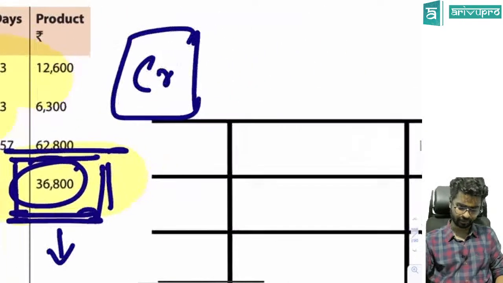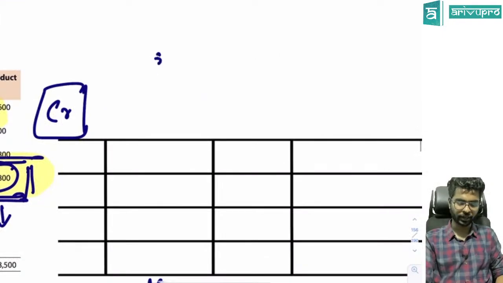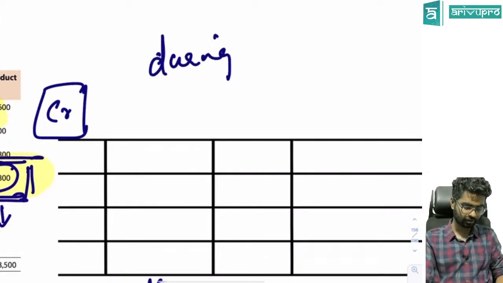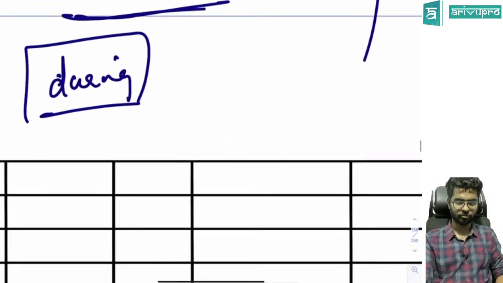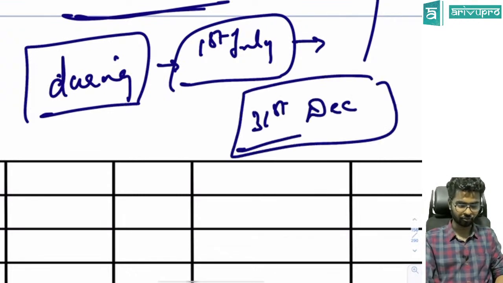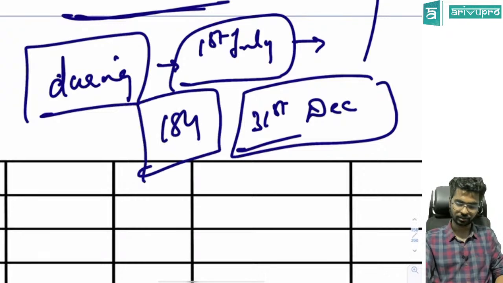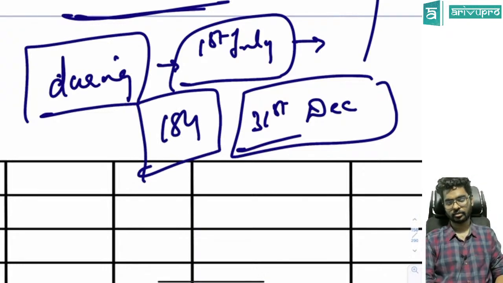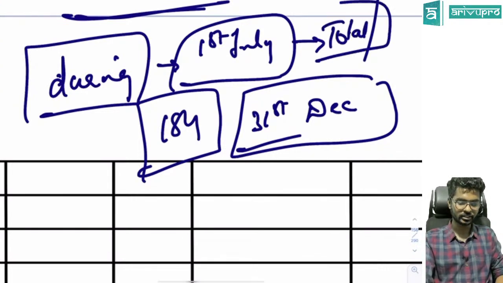Kumar, I told you we are finding the period of it. The period is from 1st July to 31st December. The number of days is 184 only. I am not doing the inclusive. I am talking about the total days in this number of days. I am not talking of the due date or other thing, Kumar.